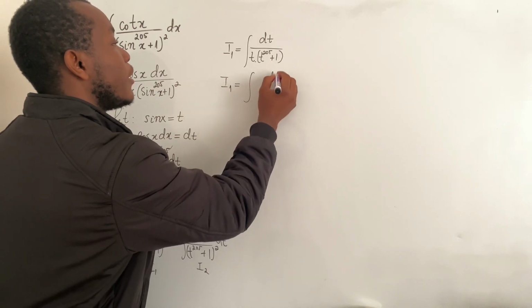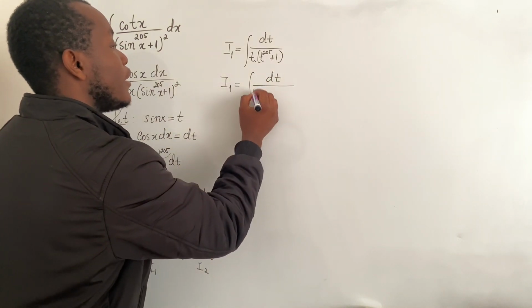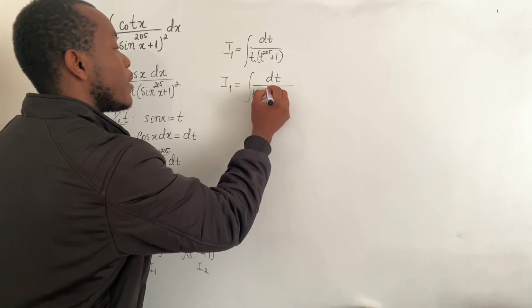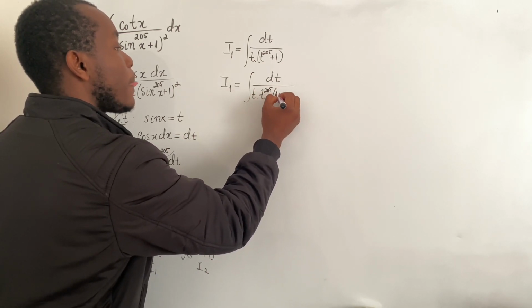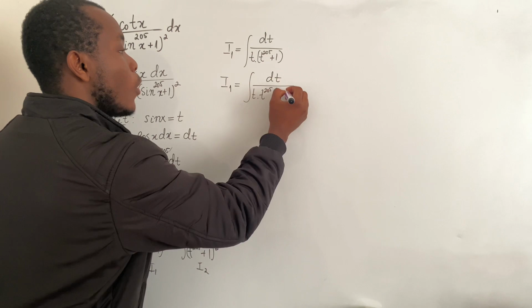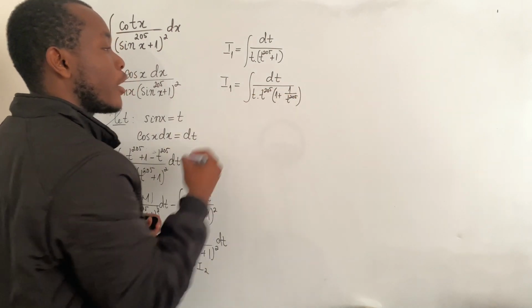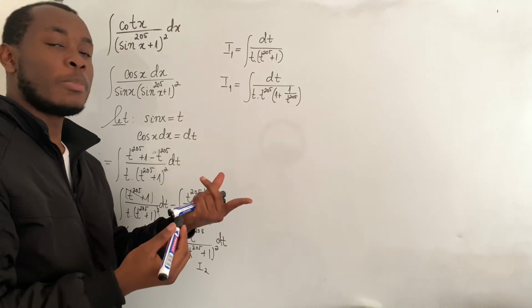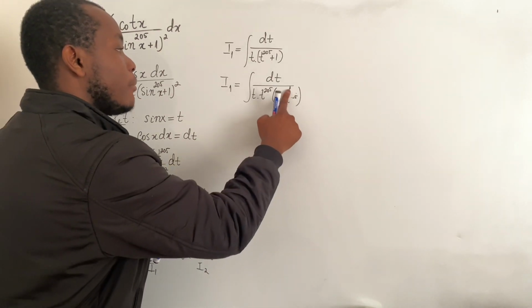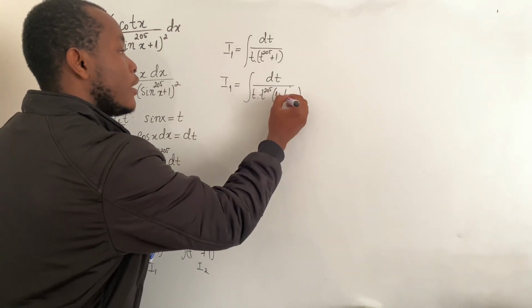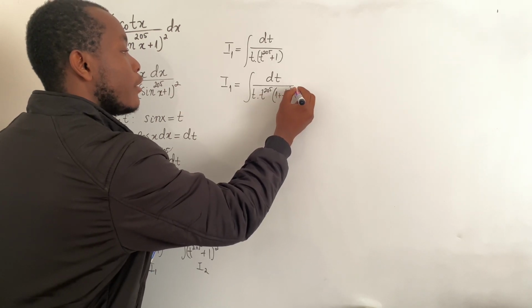There will be integral dt over t times, factorizing t to the power 205, it will be 1 plus 1 over t to the power 205. Okay, but 1 over t to the power 205 is the same as writing t to the power minus 205.